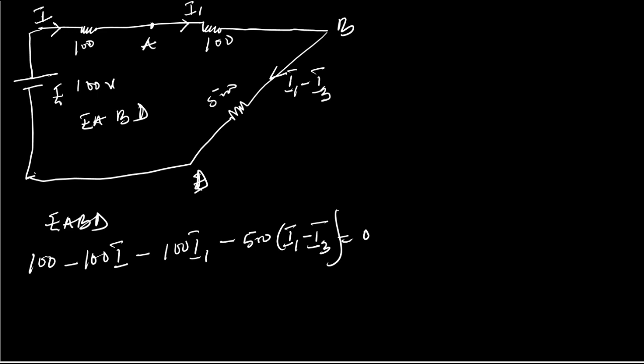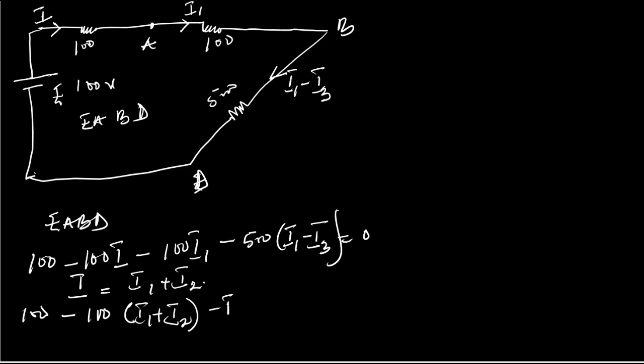Now let's remember that my I is the same thing as I1 plus I2. So this becomes 100 minus 100 times I1 plus I2 minus 100 I1 minus 500 times I1 minus I3 equals 0.